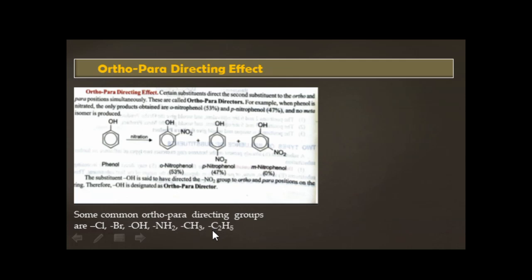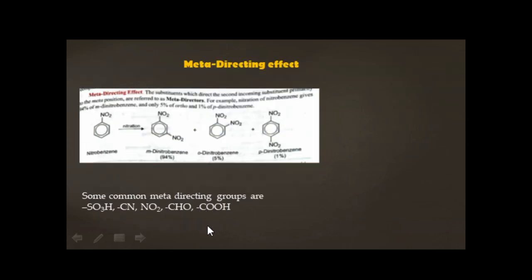The methoxy group, OCH3, which is not mentioned in this slide, is also an ortho-para directing group. And the ethyl group. So these are all the other ortho-para directing groups.